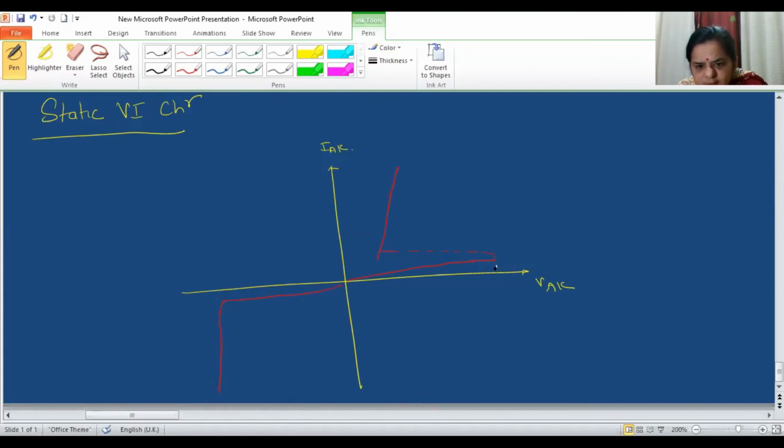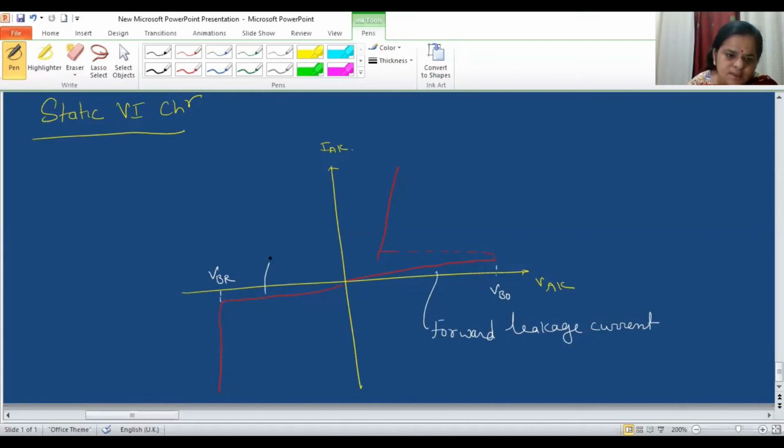This is VBO, this is VBR, this is called the forward leakage current, this is the reverse leakage current.